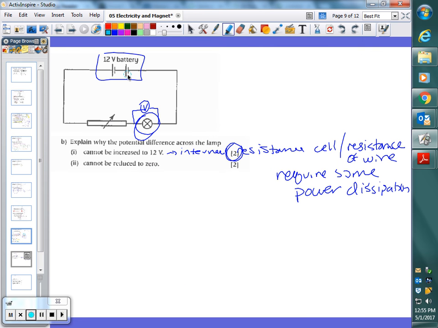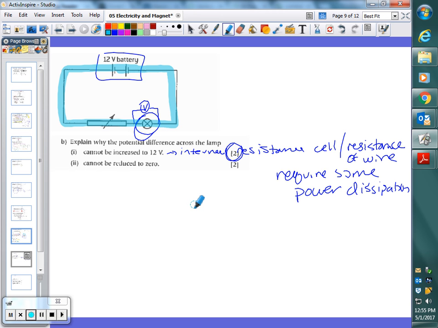So, getting into that, part B says explain why the potential difference across the lamp cannot be increased to 12 volts or cannot be reduced to 0. All right? If we talk about Kirchhoff's second law, looking at a loop, a series circuit is just one single loop, right?